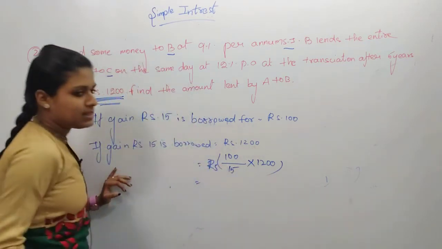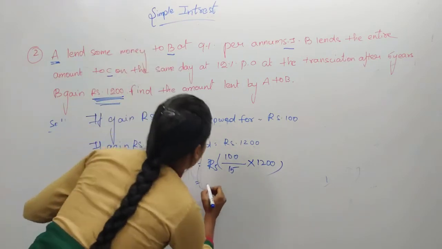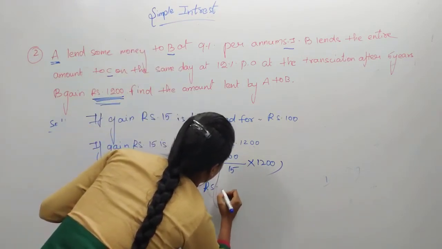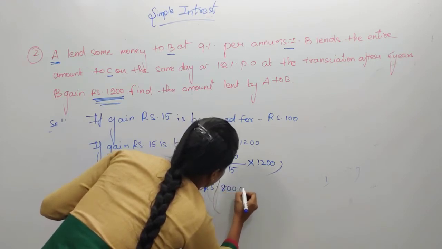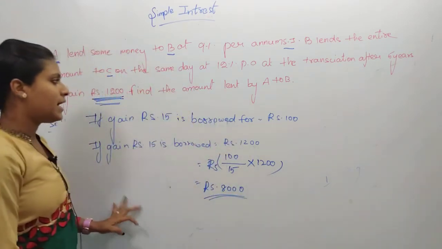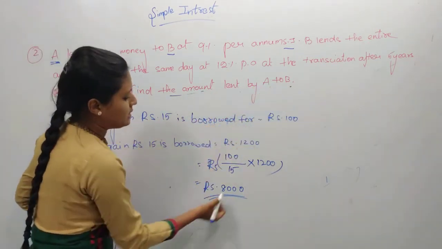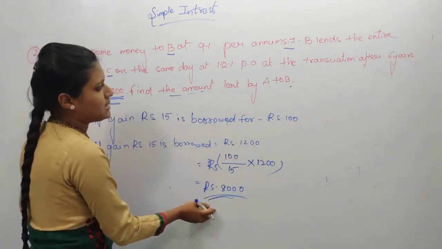By solving this, how much do we finally get? 8,000. The final answer is rupees 8,000. Then the amount lent by A to B is rupees 8,000. This is the final answer.